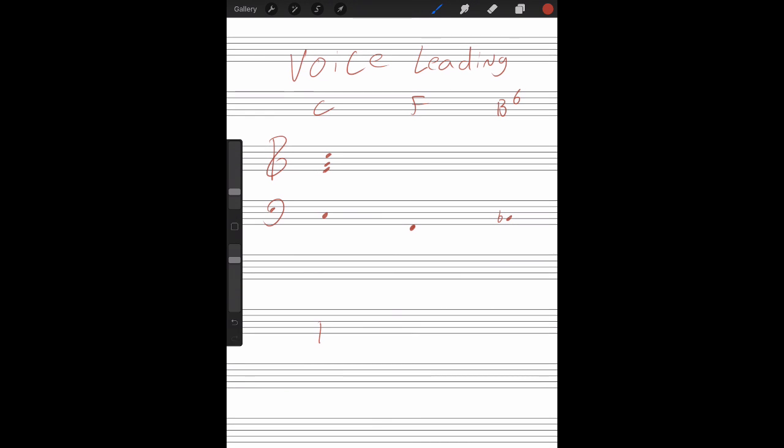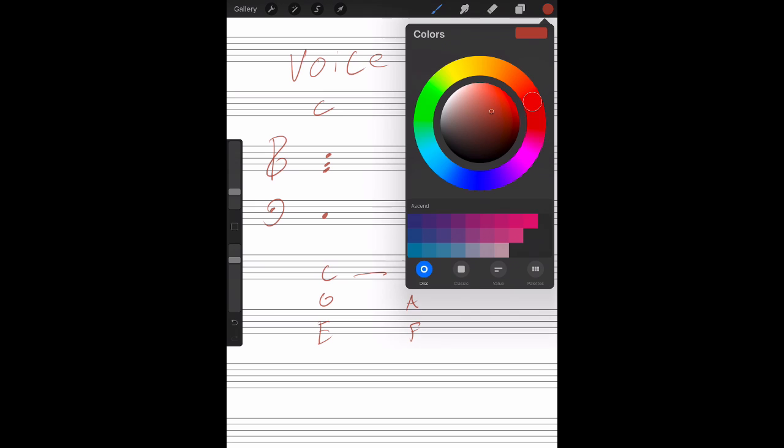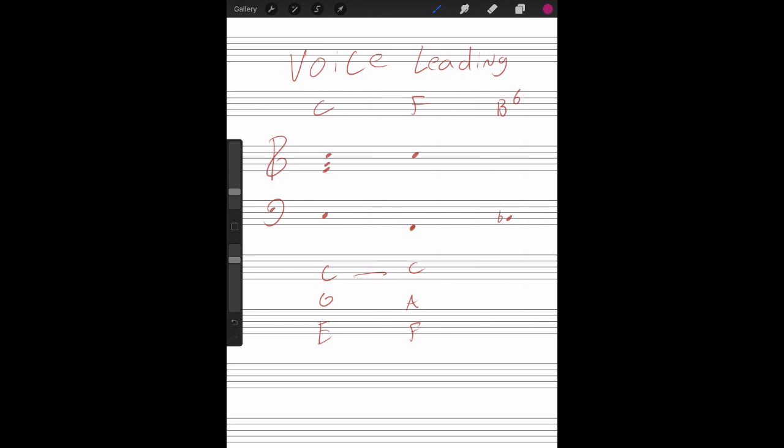So we have E, G, C, and F, A, C. The C will stay in place. And let me just change colors here. Then we want to go to the note that's closest from where we are.